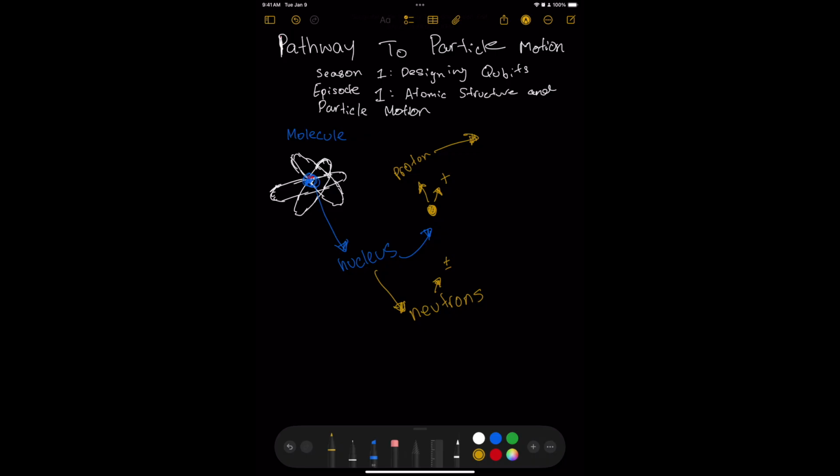So, let's say we have one quark over here, this red dot, and then we have another quark over here. So the quarks are pulled together like glue, and that glue type link is called a gluon. So this is basically the atomic structure.